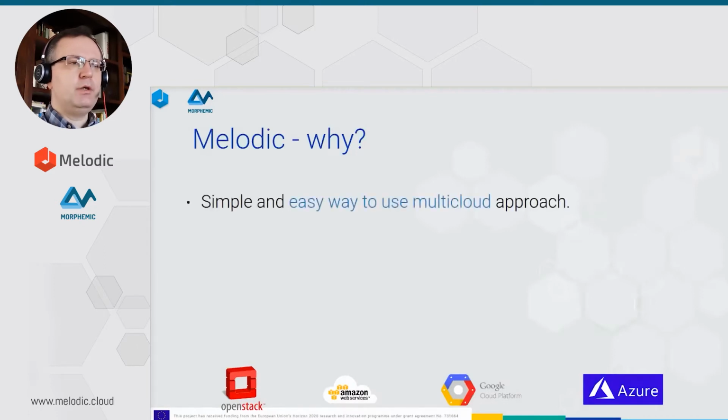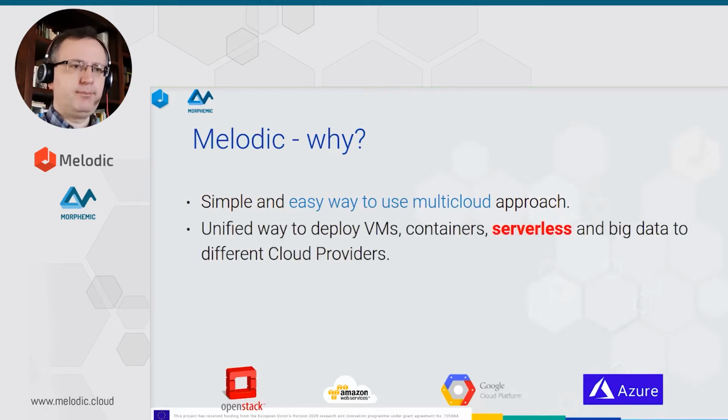The first question is why? Why should we use a platform like Melodic to deploy applications? The first and probably the most important reason is that Melodic is the simplest and easiest way to use the multi-cloud approach. So instead of deploying the application manually, and selecting manually the right cloud to which we want to deploy, it is done automatically by Melodic based on the predefined model.